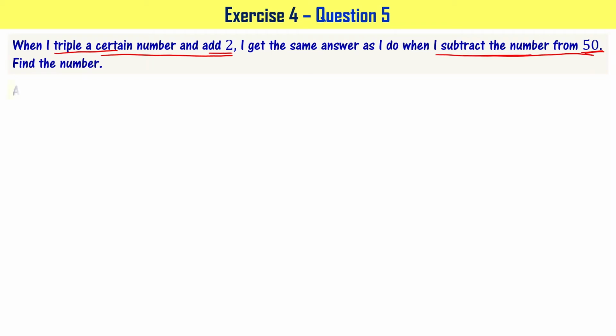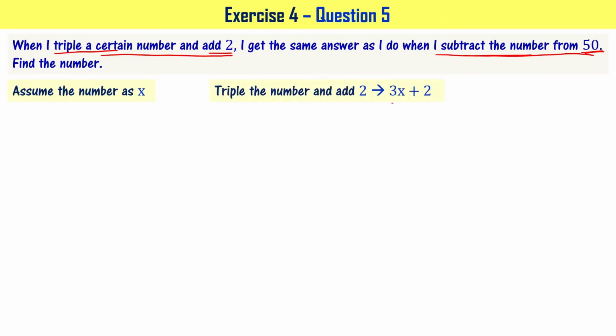Let us first assume that the number as x. As per the first statement, triple the number x and add 2. That can be written as 3x plus 2, right? Triple the number x, meaning 3 times x, and add 2 means 3x plus 2, right? This is one number you have. That is equal to subtract x from 50.